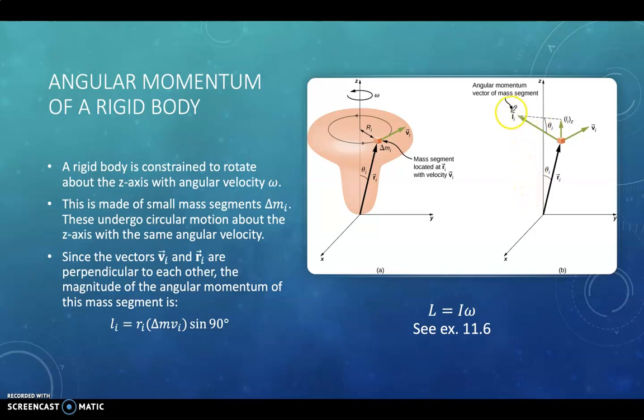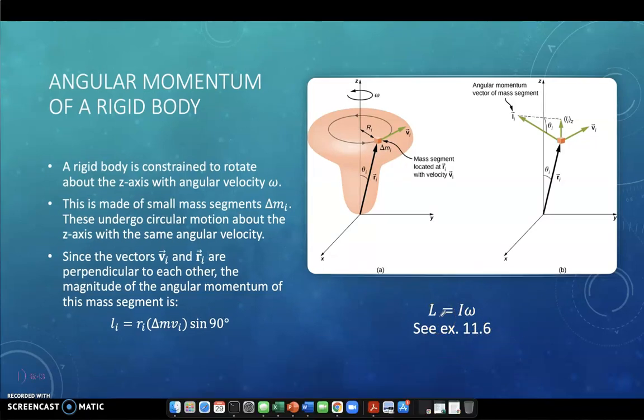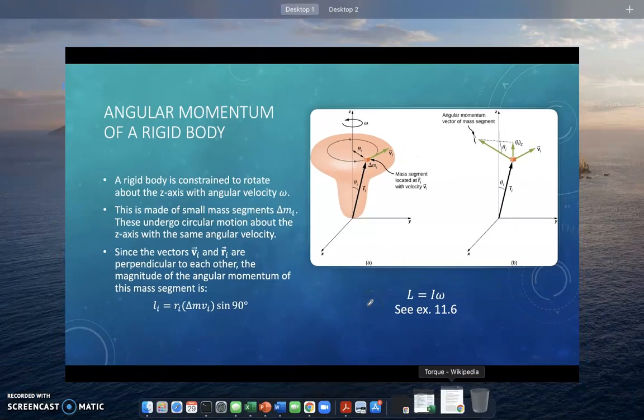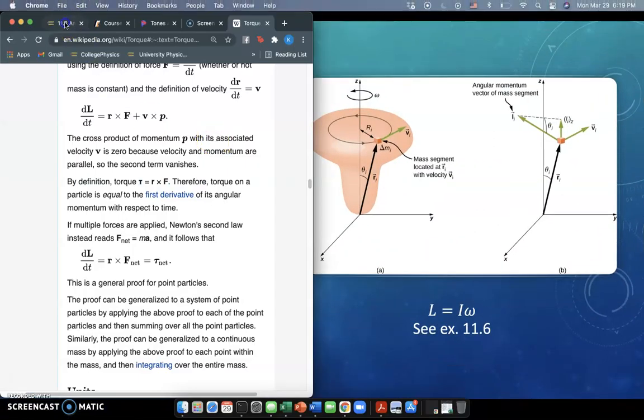This is the angular momentum vector of this mass segment, delta m sub i. From this we can also find the relation that the total angular momentum, capital L, is equal to the moment of inertia I times omega, the angular velocity. Instead of going through this example with you, I just want to point it out. See example 11.6. Let's go ahead and look at that.